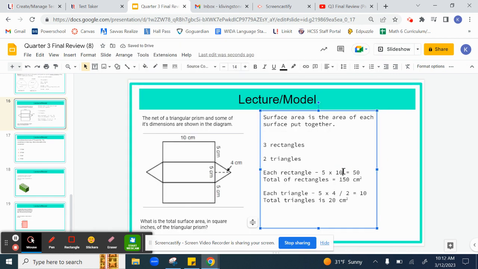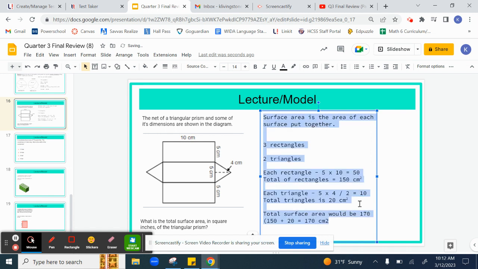All right, so then the total surface area would be 170. If you add together the rectangles and the triangles, you would get 170 centimeters squared.